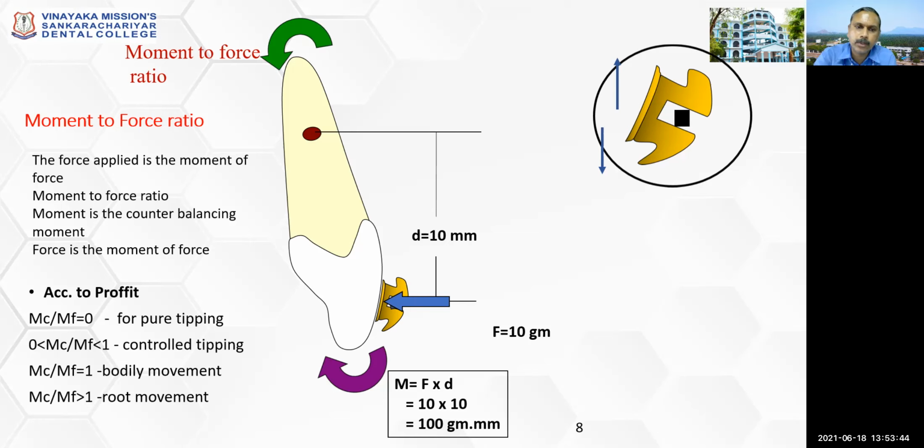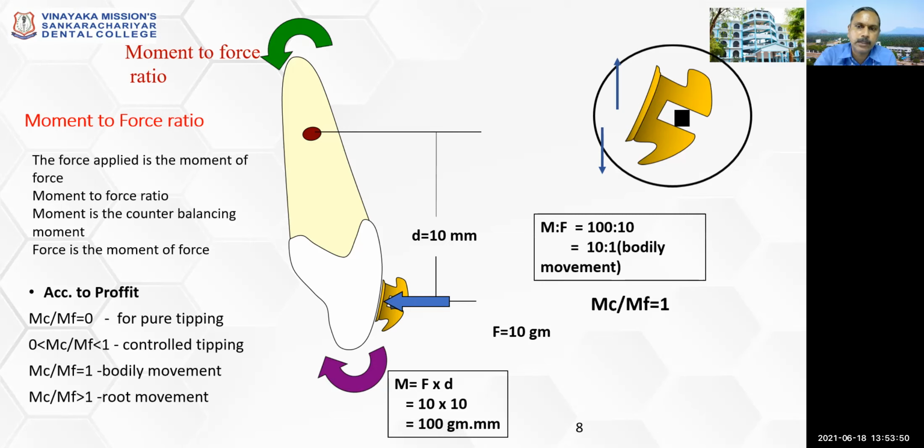This is how the theoretical explanation is practically possible with some animations. So the moment to force ratio is, as I mentioned to you, 100 is to 10 or 10 is to 1. That is a bodily movement or a translation.